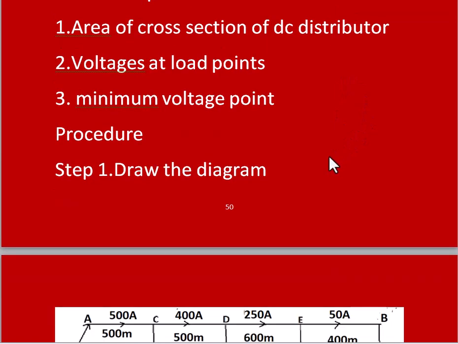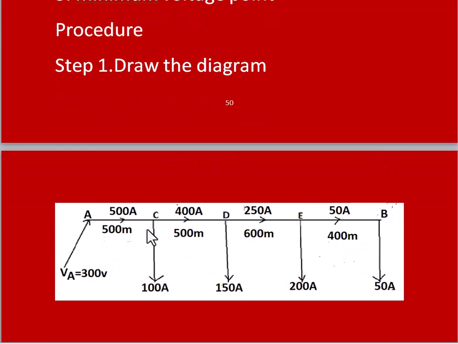The number one step is, according to the data, first draw the diagram. Example like this. They mention the length of the DC distributor and the points at which the loads are connected with respect to point A, and the load currents are also mentioned, and the supply voltage, that is the feeding point, is also mentioned like this, and the distance of each section can also be calculated.